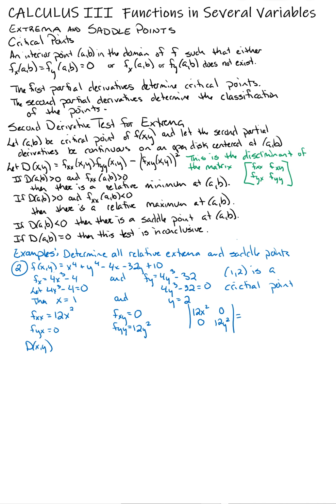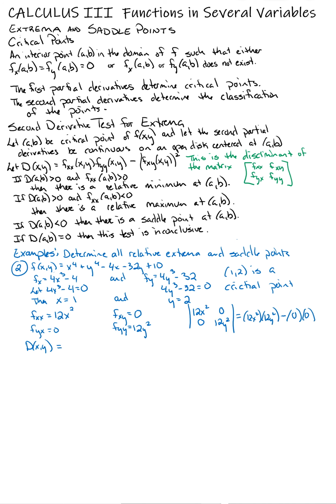Remember the way we found the discriminant is we would go along the diagonals and take the difference of those. It's always the top left to bottom right, multiply those, and then subtract off the top right multiplied with the bottom left.